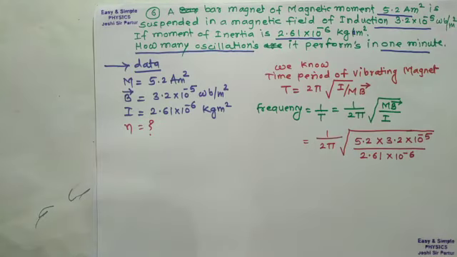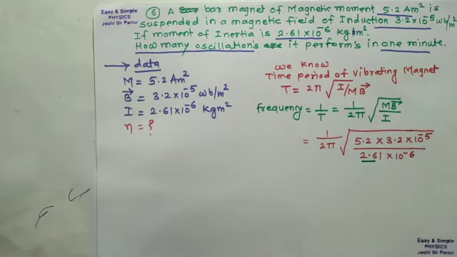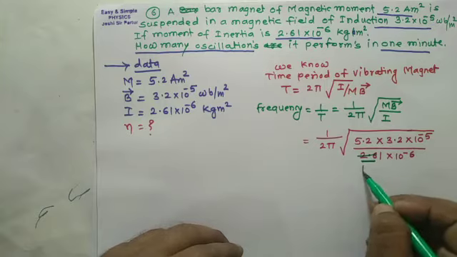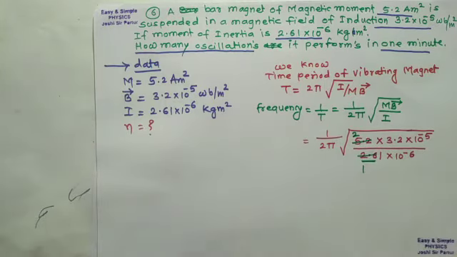So here we can consider only 2.6, and 2.6 into 2 becomes 5.2.